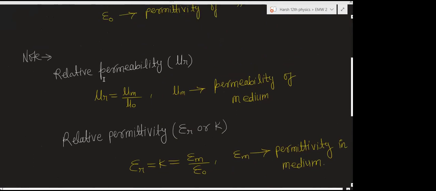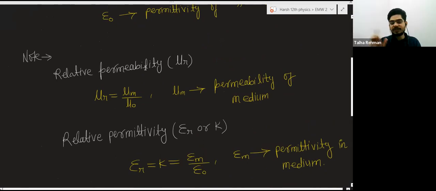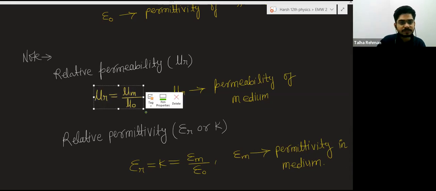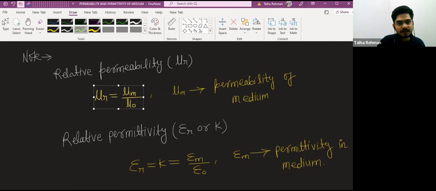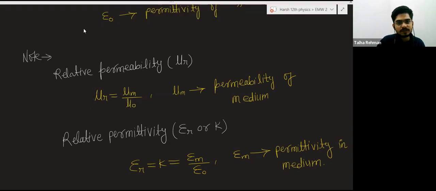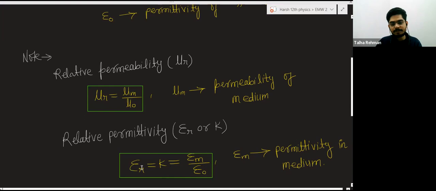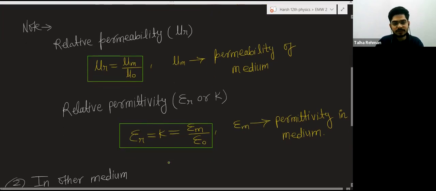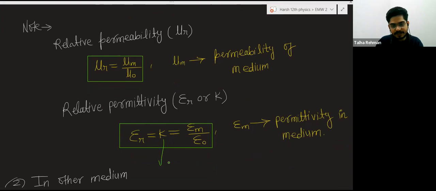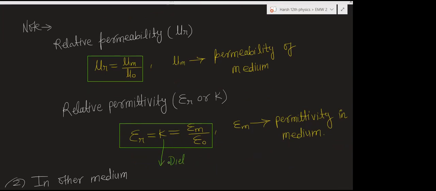And there is a term, relative permittivity, and relative permeability. The relative permeability relates the permeability of a medium with free space. So this is the one formula, and this is another formula. Basically, this is the relative permittivity, and relative permittivity sometimes also called dielectric constant.